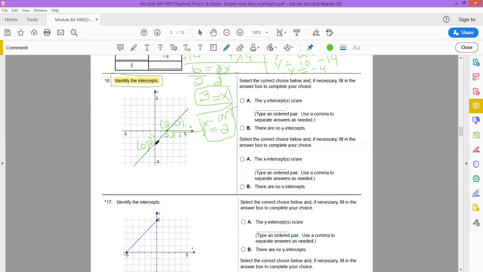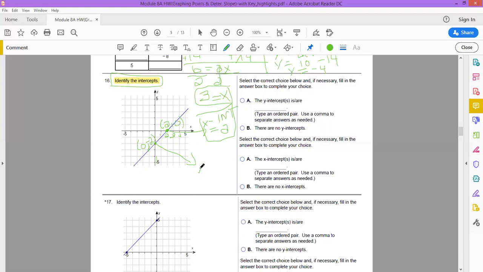For the second point, the y-intercept is where this line goes through the y-axis. So on the y-axis, this point crosses at negative 2. It crosses the y-axis down here at negative 2.